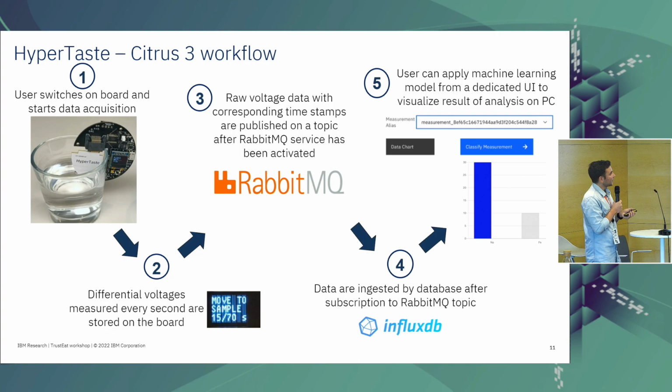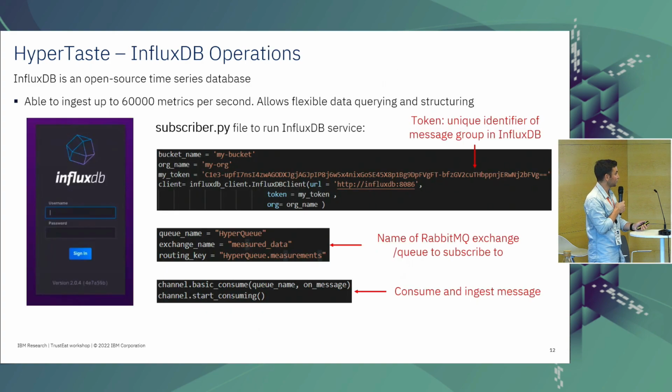So then we have the analytics that can be implemented anywhere, because as long as we have the data on our database, whatever possible application we can use to access the database, then we can perform the analysis of the liquid. So this is the different approach that we were using with the Citrus 3, and this was just an example to show you how this communication service will work.